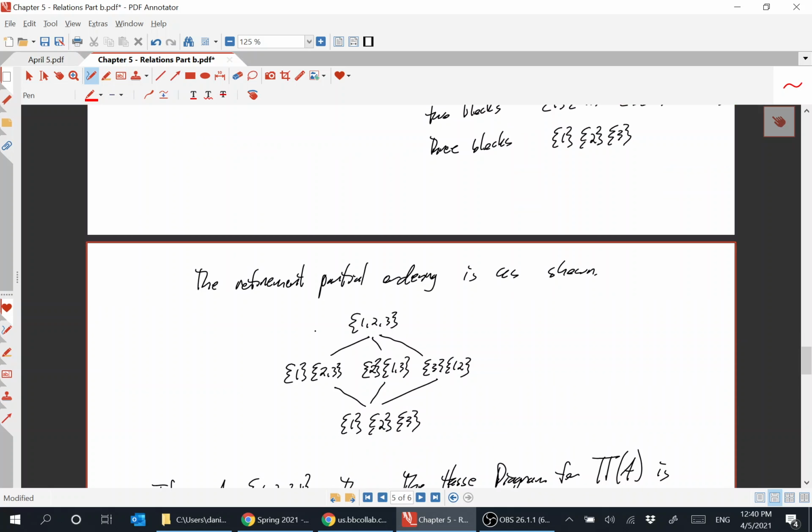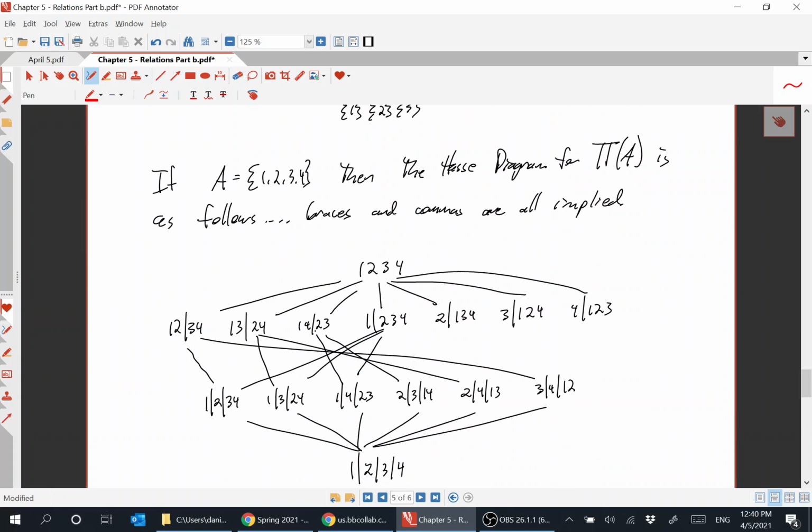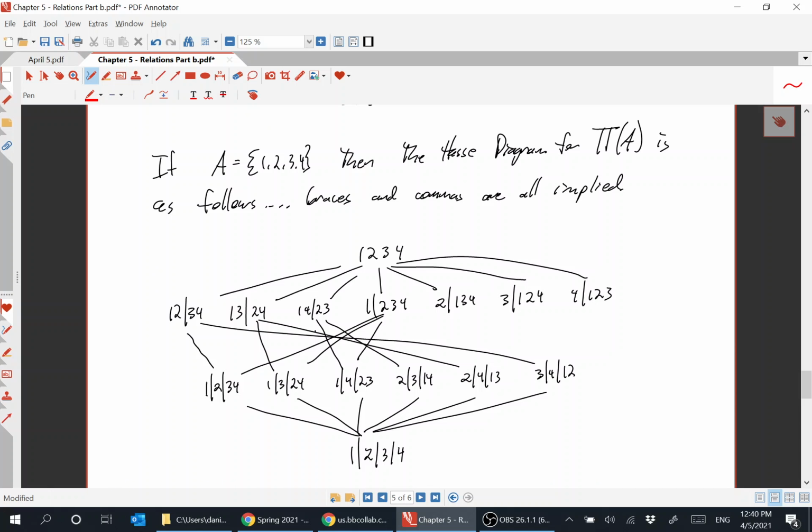So the example we had was as follows. Let A be 1, 2, 3, 4. The Hasse diagram for pi of A is as follows. So you have the partition into one block, and covering the partition into one block covers all the partitions into two blocks. Right? All of these partitions into two blocks, of course, are a refinement of the partition of one block.